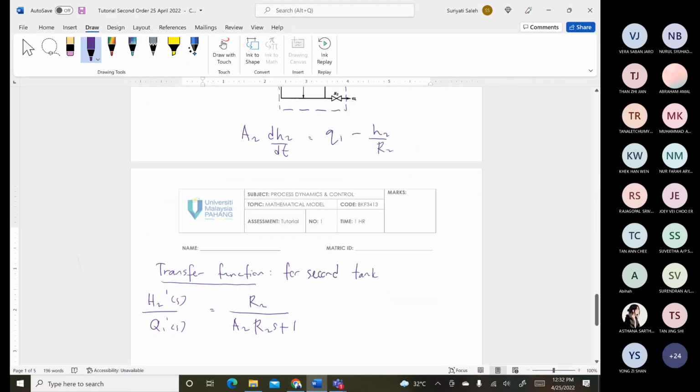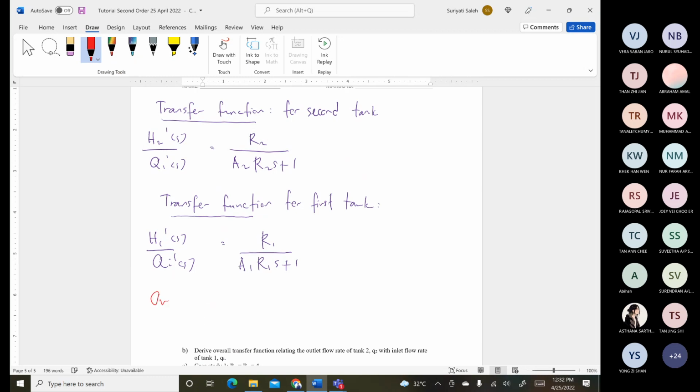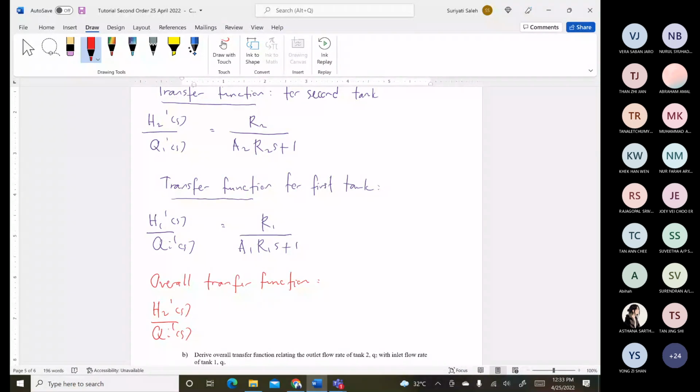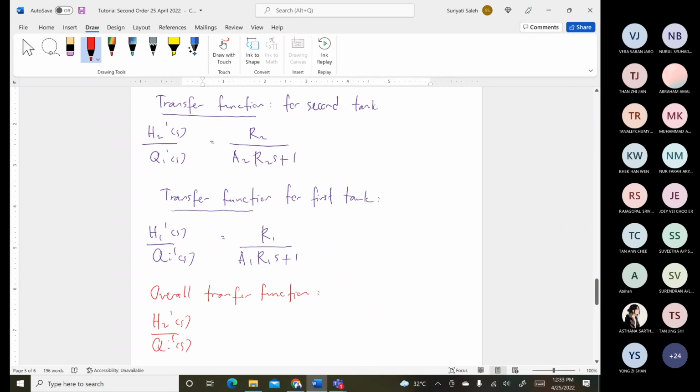So the overall transfer function required for this case is H2 prime S over Qi prime S. Why do I put the S? Because normally it is under Laplace transform. So that's why I put the S. This is equation 1.